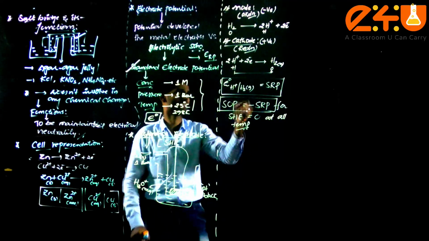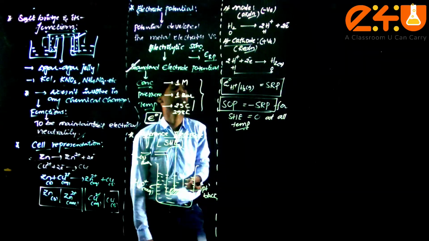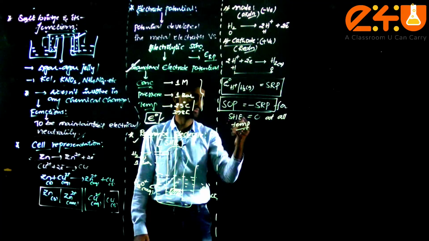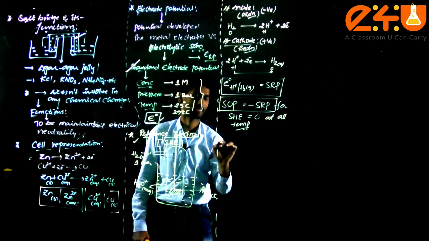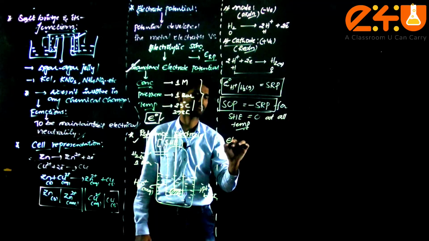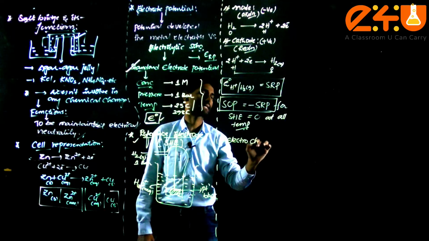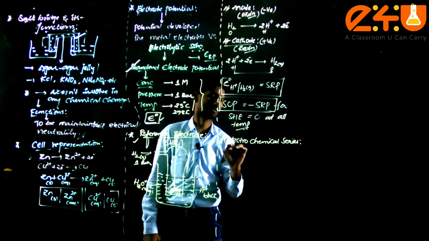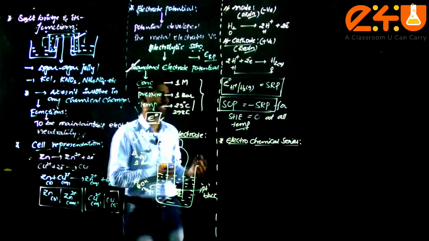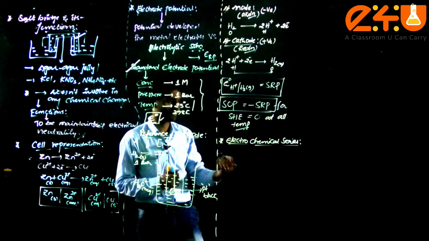Next comes this: Sir, what is meant by electrochemical series? In that we have two types, which we can study later. Now, what is electrochemical series? We already studied the electrochemical series in previous classes also.